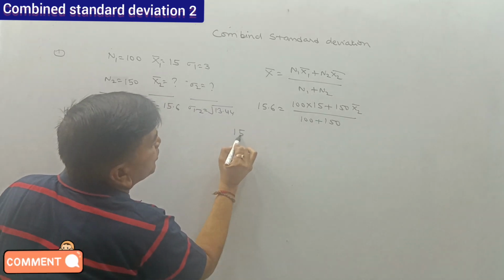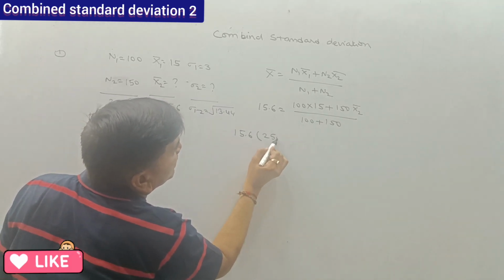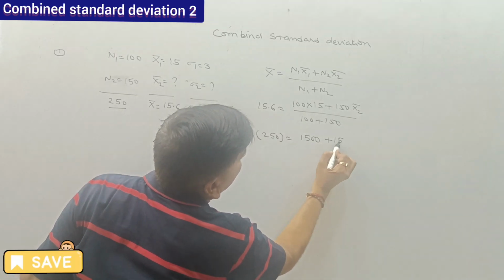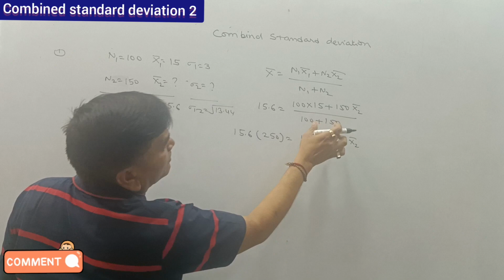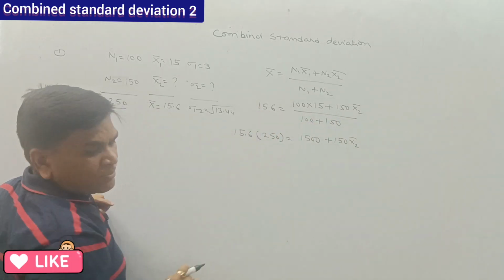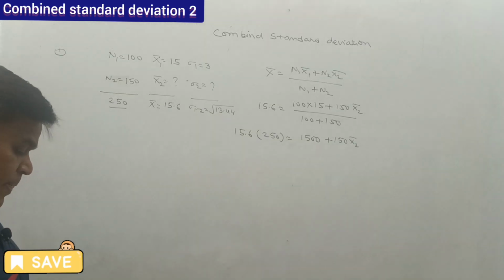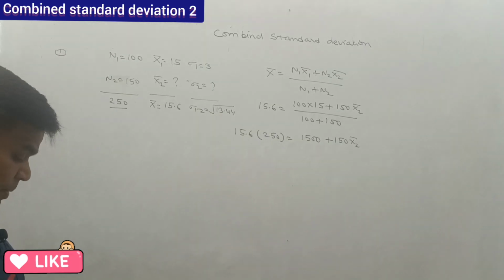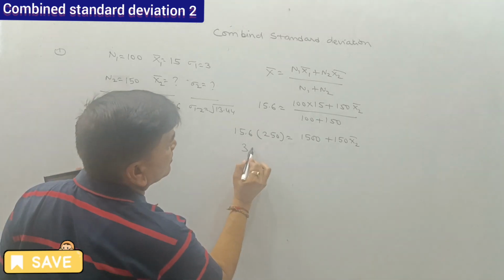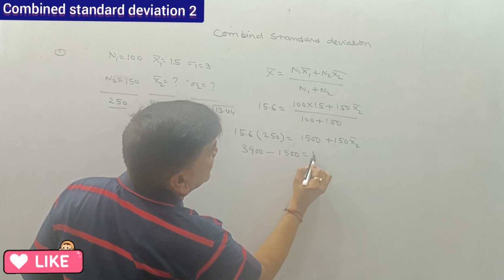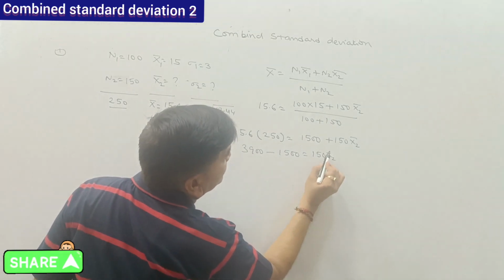So 15.6 multiplied by 250 equals 1500 plus 150 X bar 2. 15.6 multiplied by 250 is 3900, minus 1500, that is 150 X bar 2.